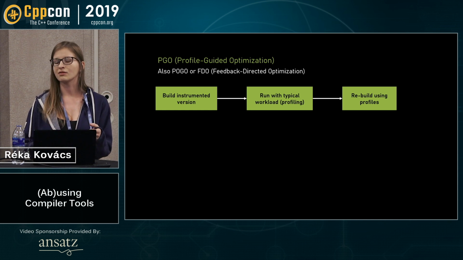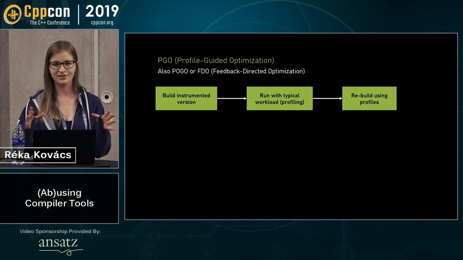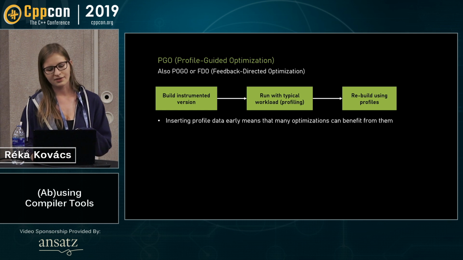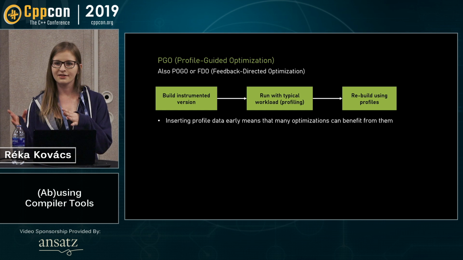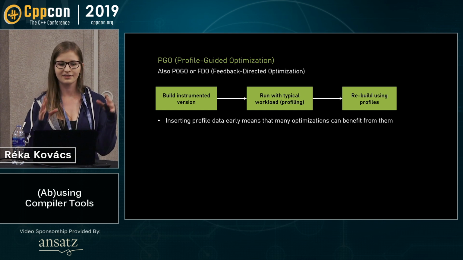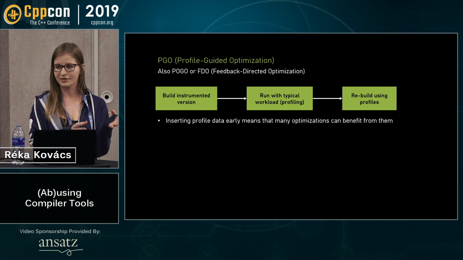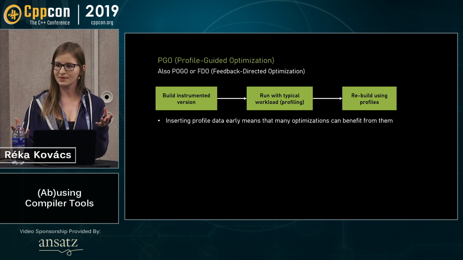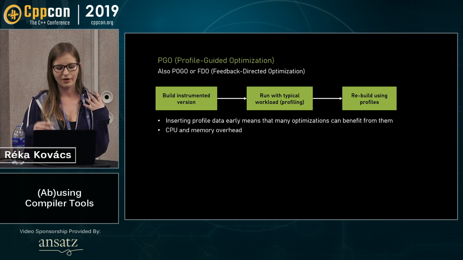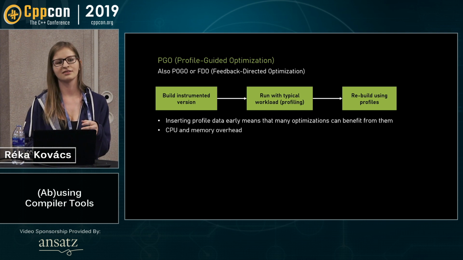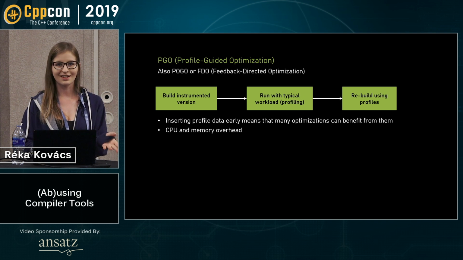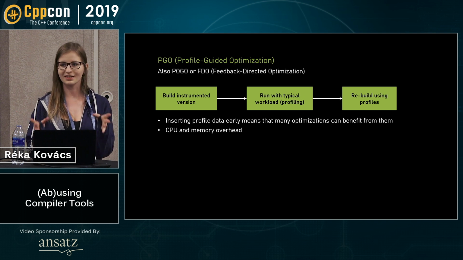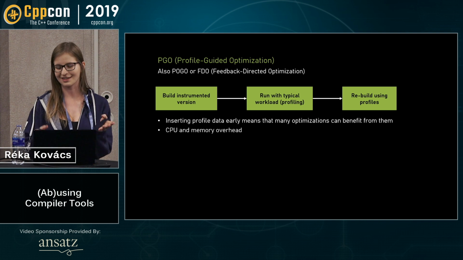All the optimizations in a compiler can use those PGO counts to personalize your binary and make it faster. The great thing is that because you insert the profile information quite early in the compilation process, many optimizations can benefit from it. But instrumentation, of course, has CPU and memory overhead, which might make it not so practical when you have these large services in a data center.